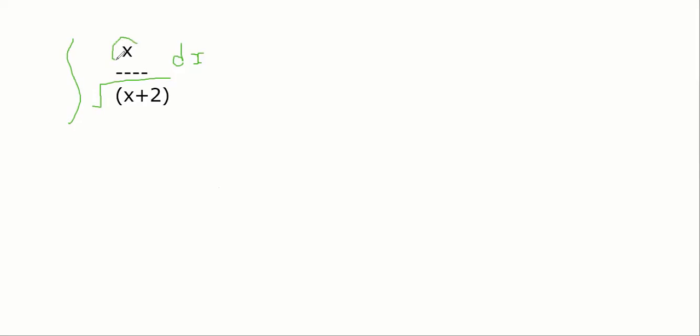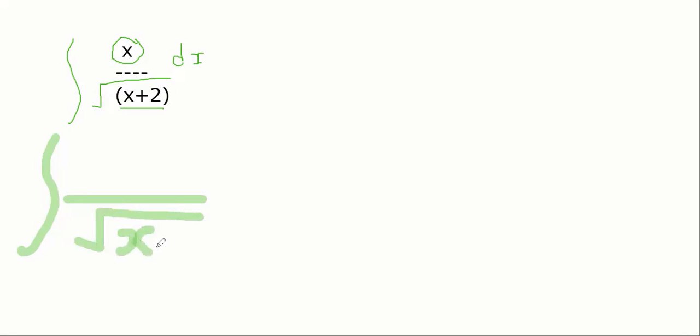So we will write x in the form of x plus 2, correct? So the numerator x we can write as x plus 2 minus 2, correct? And we write this like this.